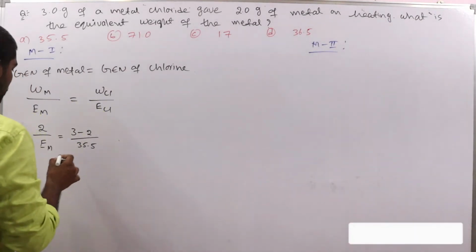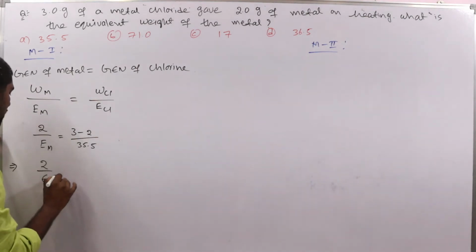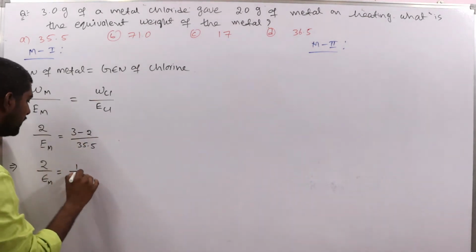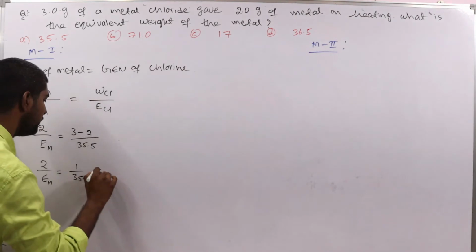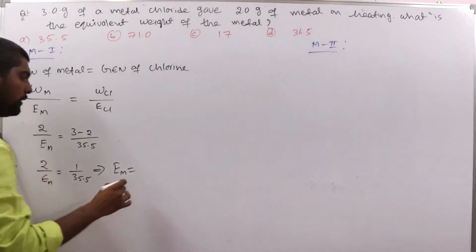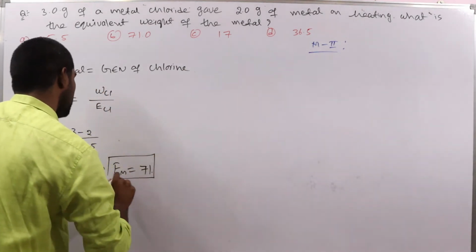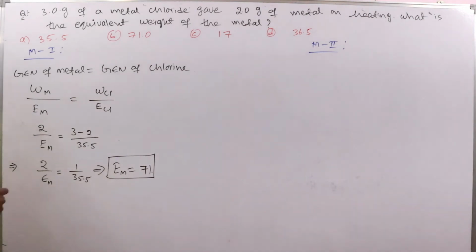So 2 by equivalent weight of metal equals 1 by 35.5, which implies equivalent weight of metal equals 2 into 35.5, that is 71. This is the equivalent weight of metal, so option B is the answer.